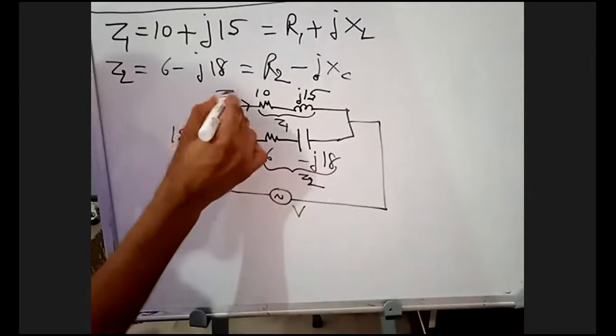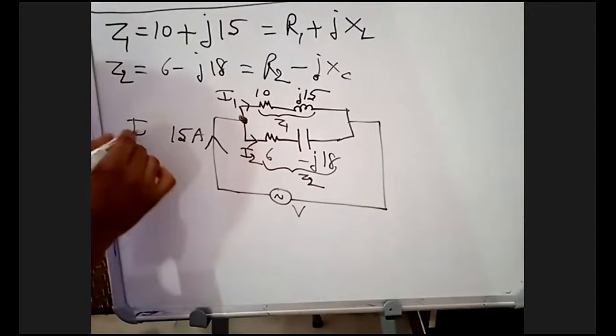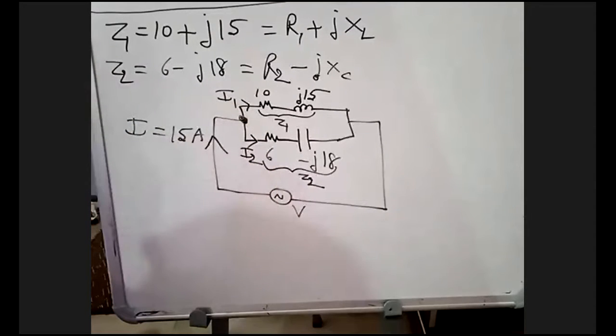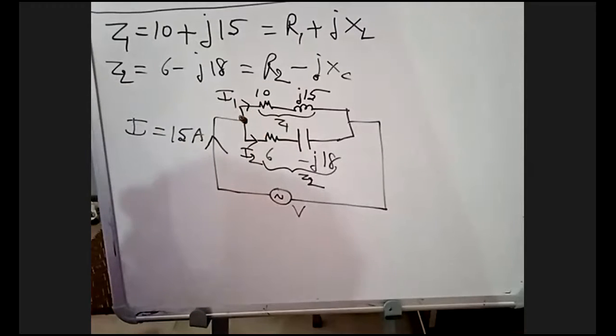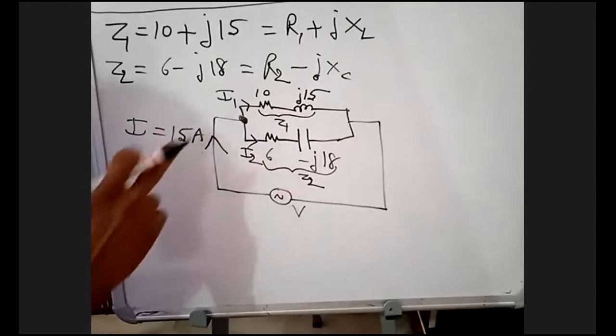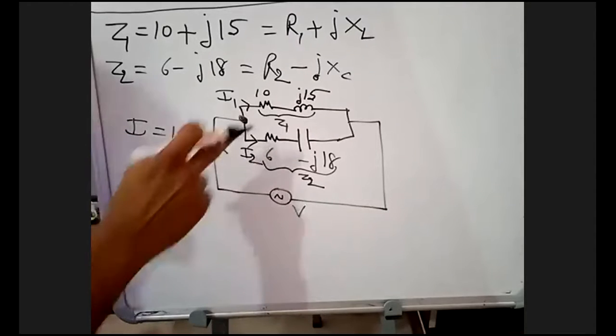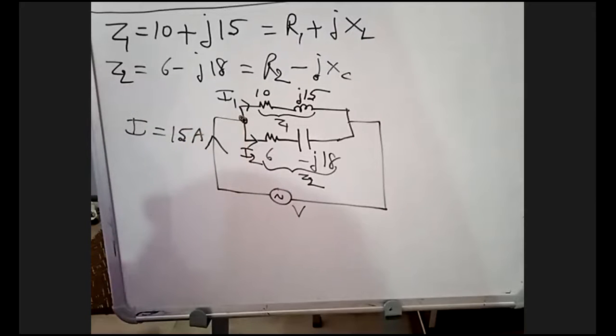In parallel, current will divide as I1 and I2. I is the total current. When you connect this parallel circuit across the voltage V, the supply is giving the total current of 15 ampere. This 15 ampere is dividing at this node point. In series, current is the same, but in parallel, current will divide as I1 and I2.